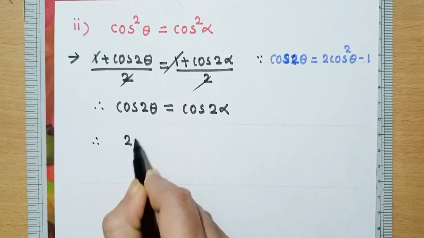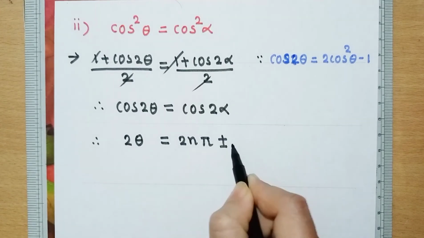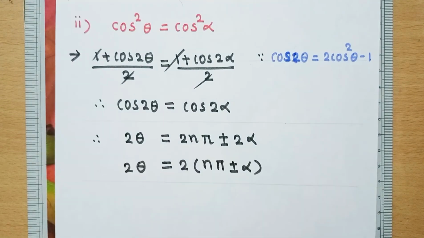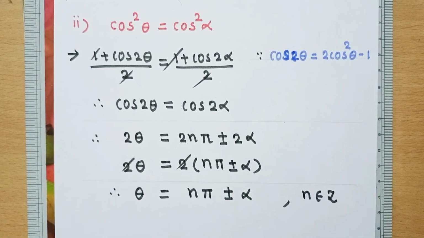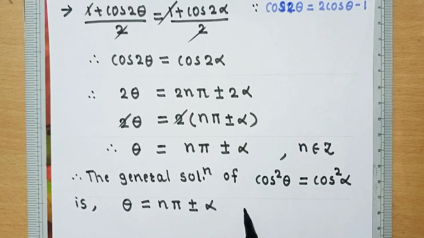Therefore 2 theta is equal to 2n pi plus minus, again this angle means 2 alpha. Now from both these terms take 2 common, and again 2 gets cancelled from both sides. Therefore theta is equal to n pi plus minus alpha, where n belongs to Z. And therefore the general solution of cos square theta equal to cos square alpha is theta is equal to n pi plus minus alpha, where n belongs to Z.